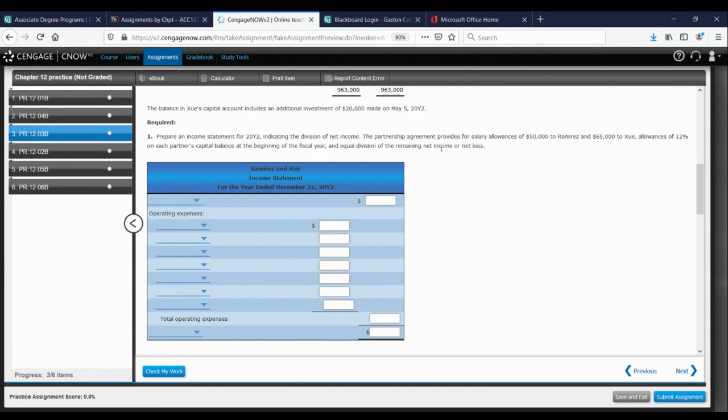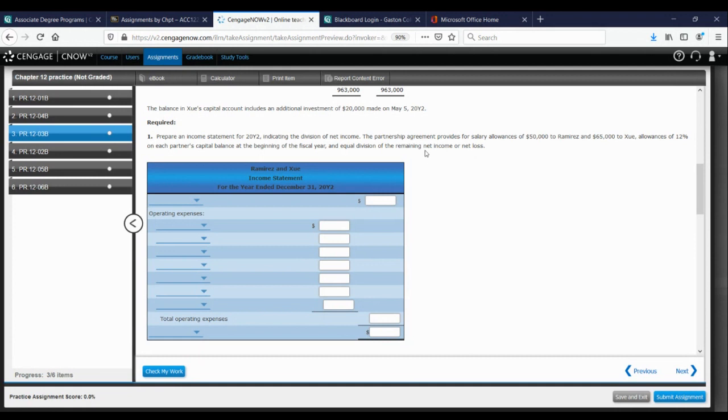The partnership agreement provides for salary allowances of $50,000 to Ramirez and $65,000 to you. Interest allowances of 12% on each partner's capital balance at the beginning of the fiscal year. And then there was equal division of the remaining net income or loss.